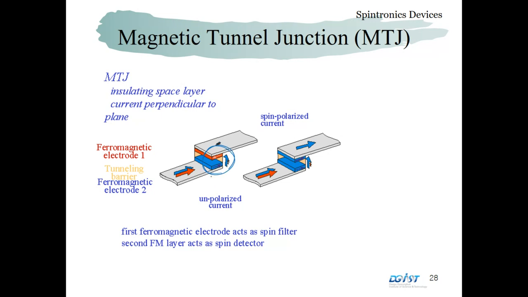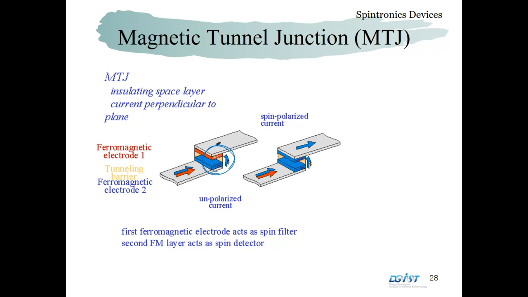If we have an antiparallel configuration of the spins, and we send in current, this current is not spin polarized. So spin up and spin down current are the same. But when they pass through this bottom electrode, the spin is polarized. Only the blue spin is dominant.